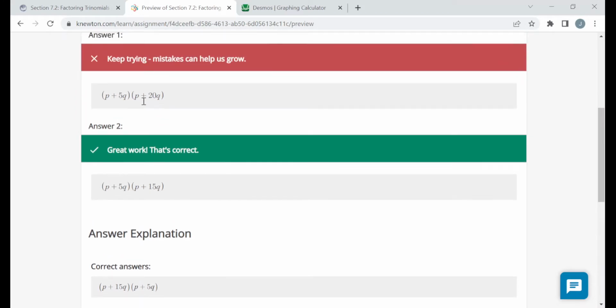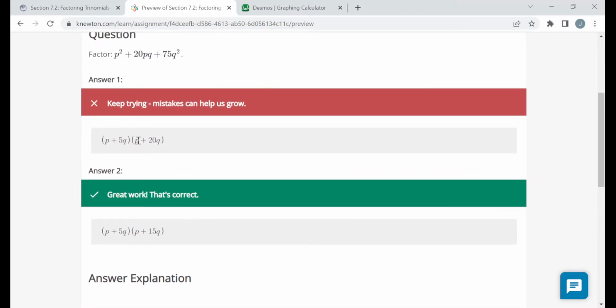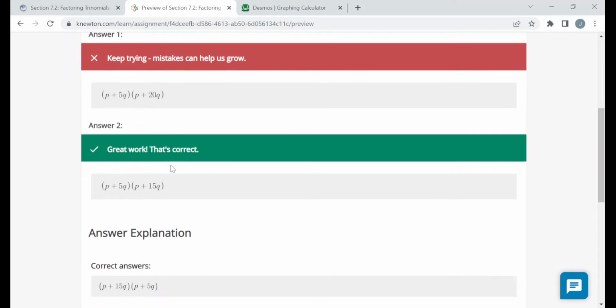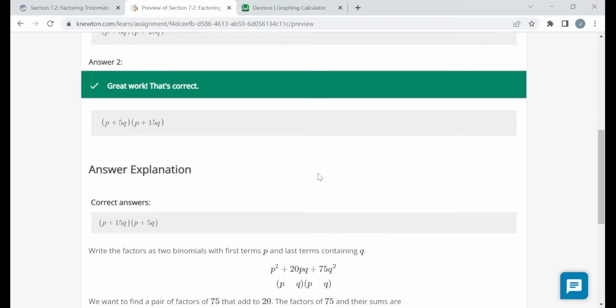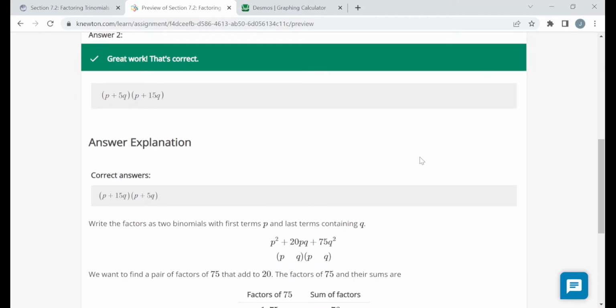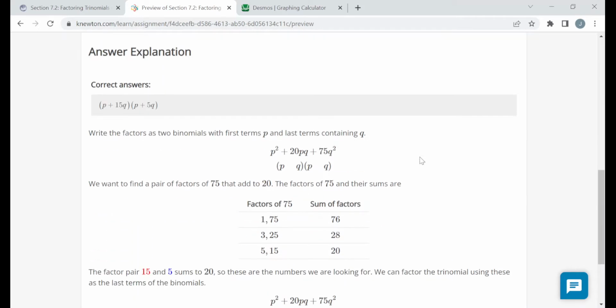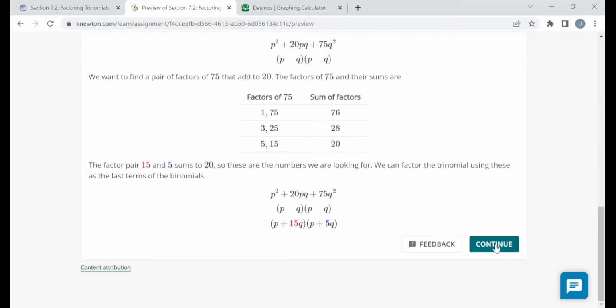And if you were to multiply these, if you took p plus 5q times p plus 20q, it wouldn't give you this. You'd have 100q squared, not 75q squared, so they wouldn't be the same. So that's another way I could have told myself that was wrong. Yeah, I said 5 and 15, right? 5 times 15 is 75. 5 plus 15 is 20. Okay. Yeah, so again, sorry about that. A little quick error there.